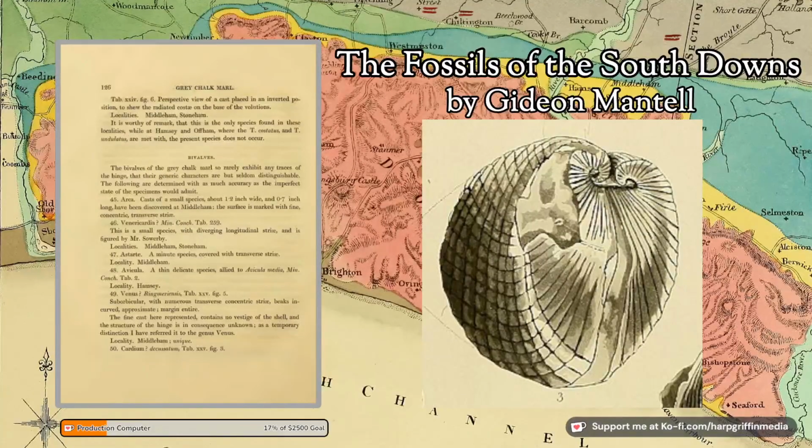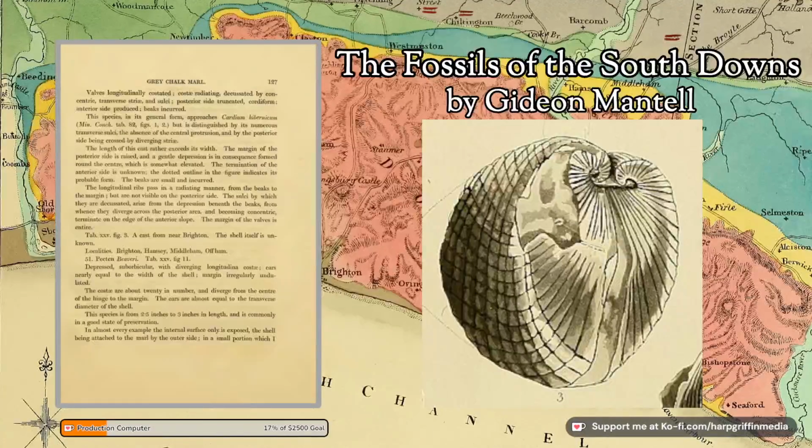50. Cardium. Decusatum, Tablet 25, Figure 3. Valves longitudinally costated, costae radiating, decussated by concentric transverse striae and sulci. Posterior side truncated, cordiform, anterior side produced, beaks incurved.